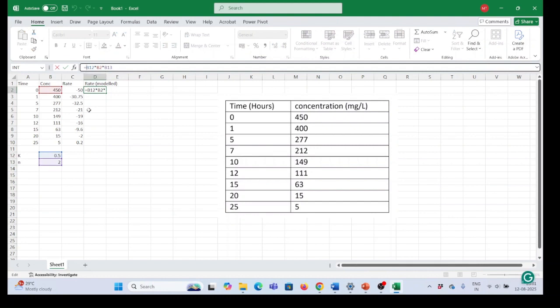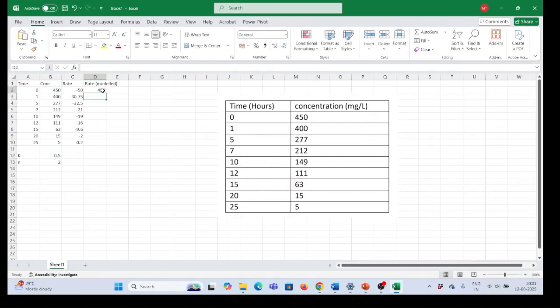Here the important thing is, these values, we need to fix them so that they won't change. And here also we need to fix it. This is the modeled value. We need to calculate the error.